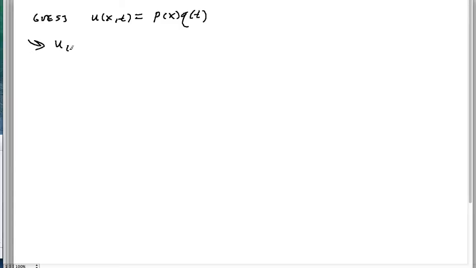So we have u_tt equal to c squared u_xx, and that becomes Q double prime times P equal to c squared Q times P double prime.